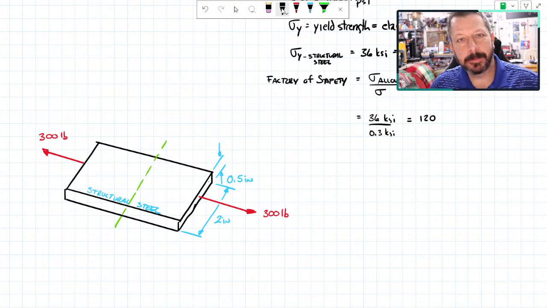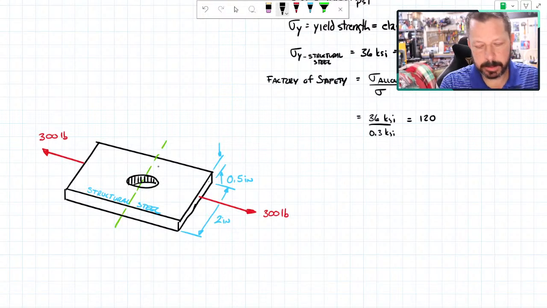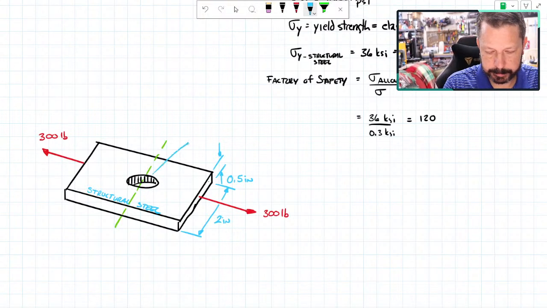I want this to be lighter weight, so I'm going to drill a hole in the middle of it. I have a 2-inch, and I'm going to make the hole 1-inch diameter. That little symbol means diameter.